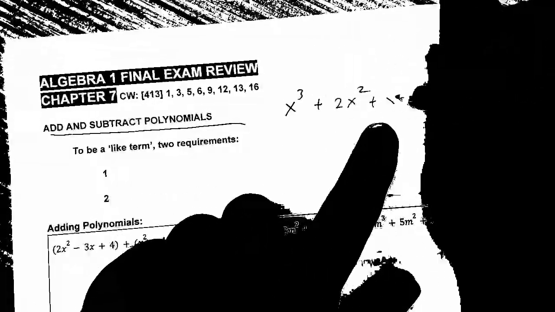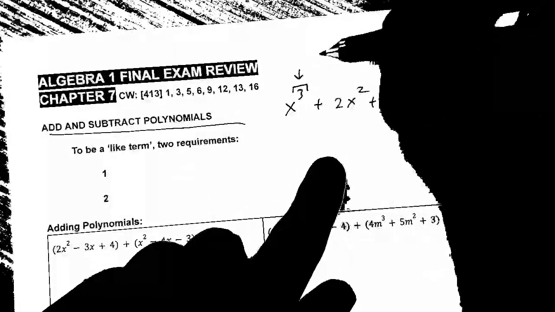Just as a refresher, what is a polynomial? It is an expression with terms where we have powers, and the highest power is called the degree, right? Remember this? And the number in front is called the leading coefficient.